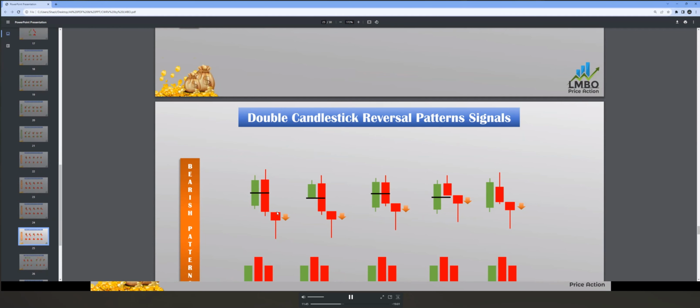First way: when the pattern gives you the retracement candle, a weak candlestick against the market, that will look like this candlestick, like any pattern, for example, like that is the engulfing. This is called the retracement candle, an opposite candle.